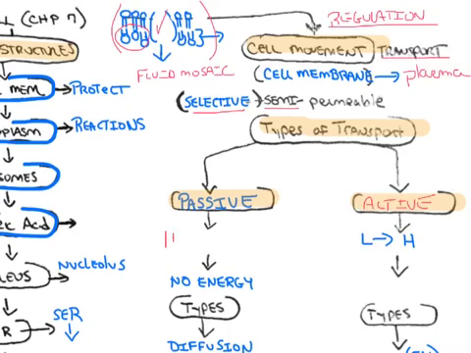Passive transport is high to low concentration, so they call this moving with the gradient. Active transport is going low to high or against the gradient. In passive transport, since you're going down the hill, there is no energy needed. In active transport, since you're going up the hill, you're going to need energy, and that will come from the mitochondria producing a particle called ATP.